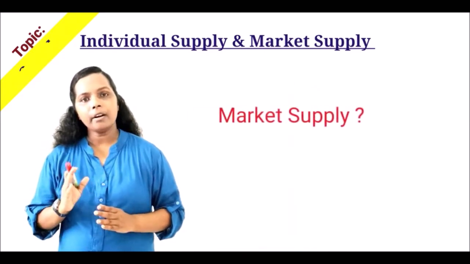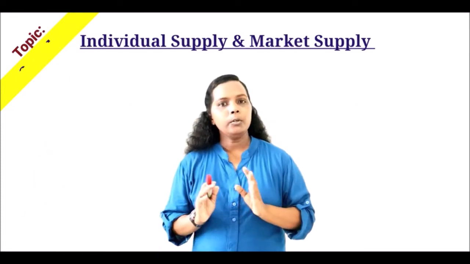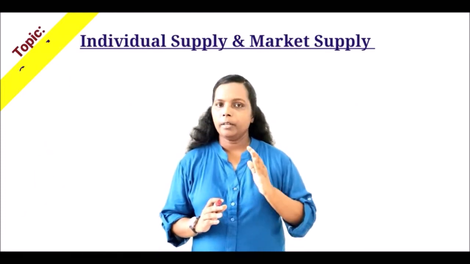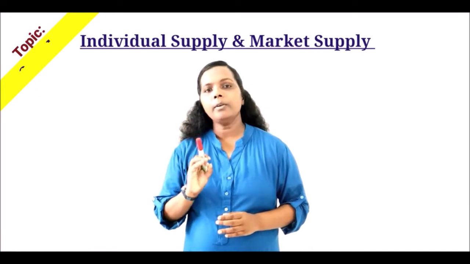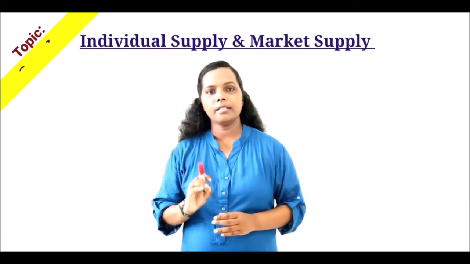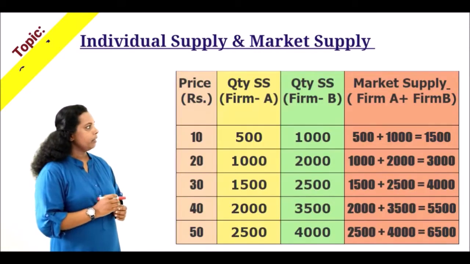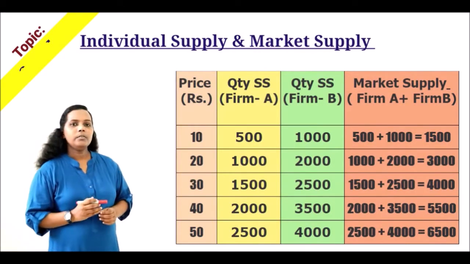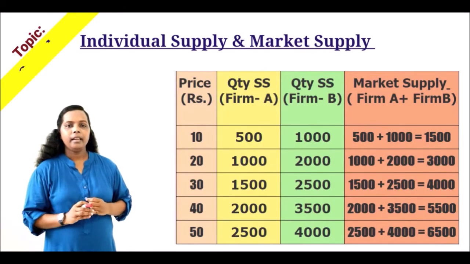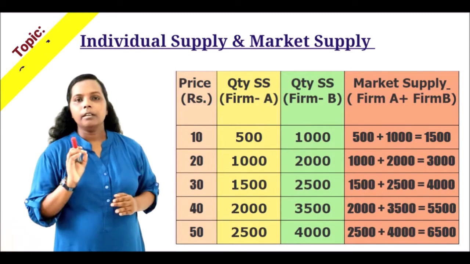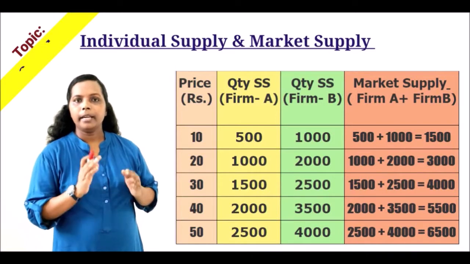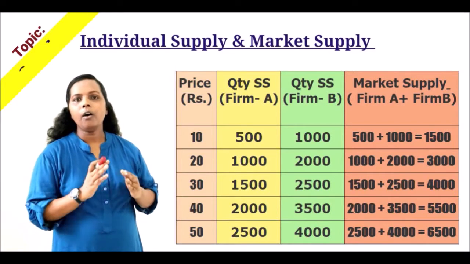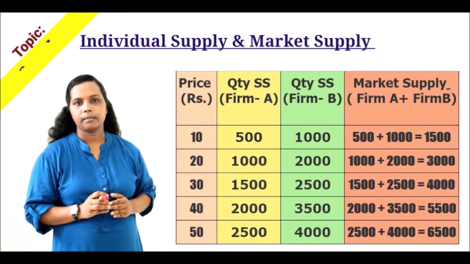Then what is the market supply? There are two firms in our example, firm A and firm B. Can you guess how to calculate market supply in our example? Please look here. Here, the two individual supplies of firm A and firm B. We can easily find the market supply of ice cream here by adding up the supplies of all producers in the market.